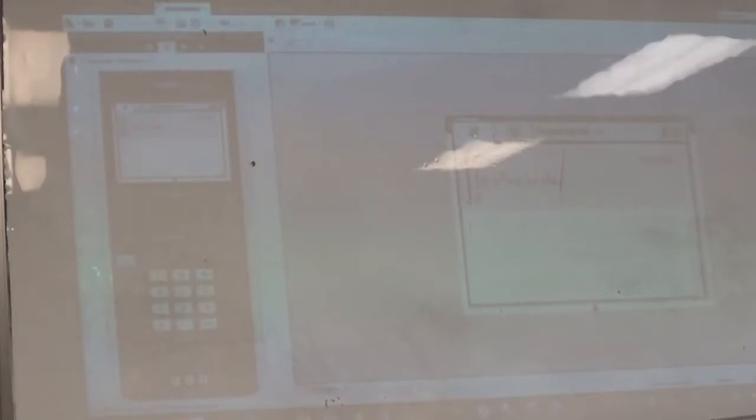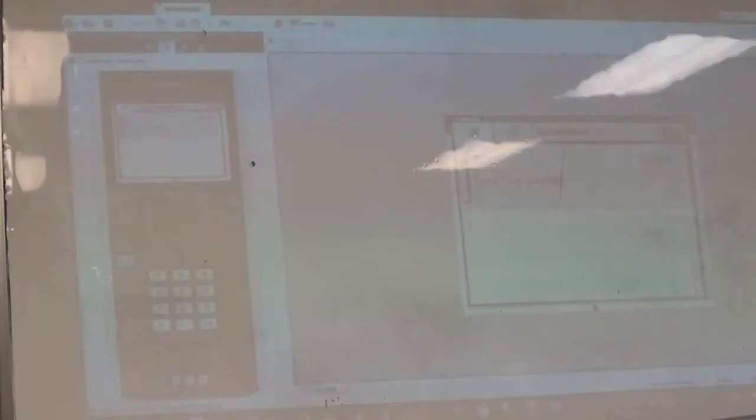I want 120 rectangles. 120 rectangles. How wide would each rectangle have to be? 3 over n. Be specific. With 120 rectangles, how wide is each rectangle?